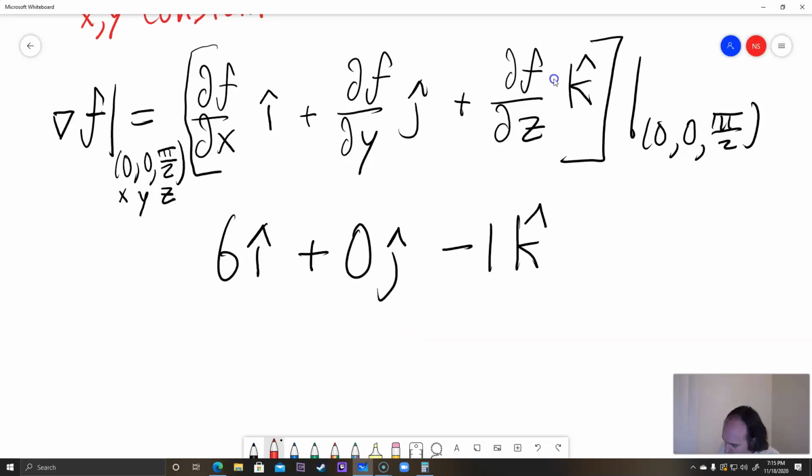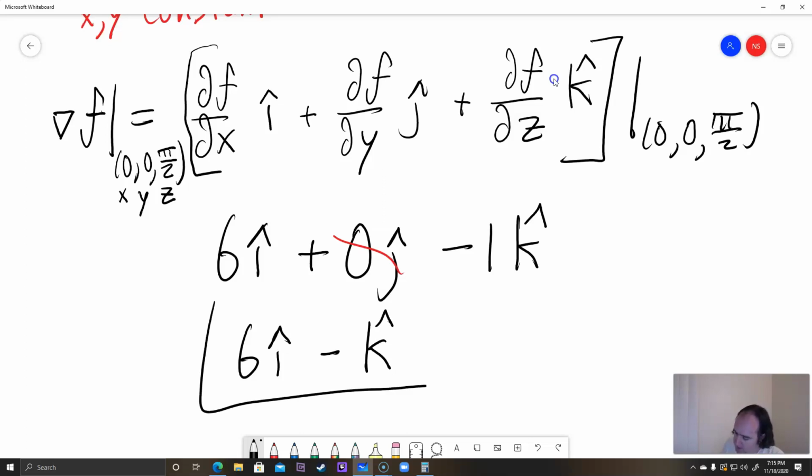So most people would just not write the 0j. They would just write 6i minus 1k, but once again, you don't write the 1, so you just write 6i minus k. Okay, and that's our answer.